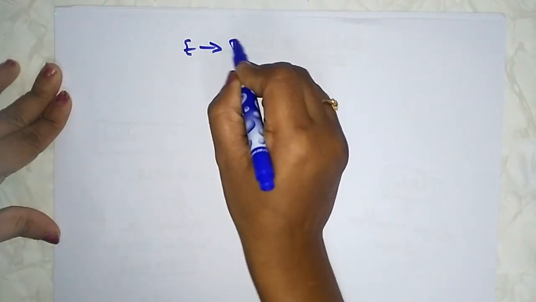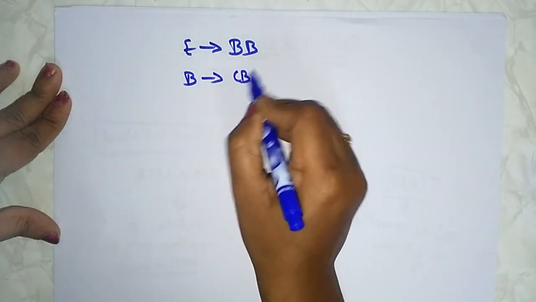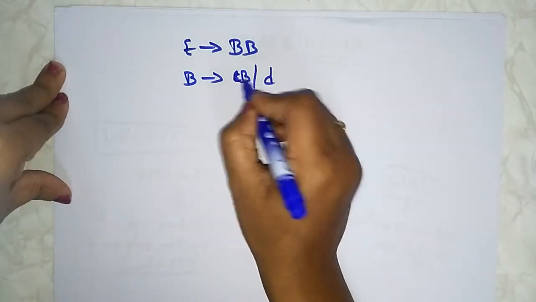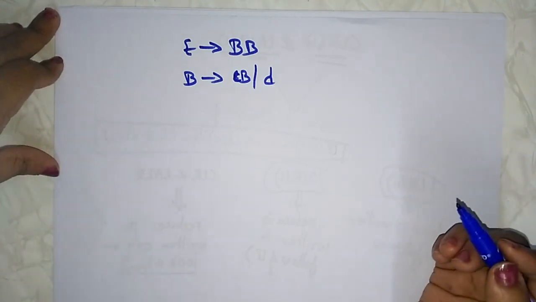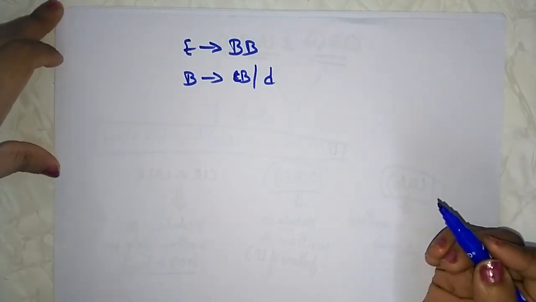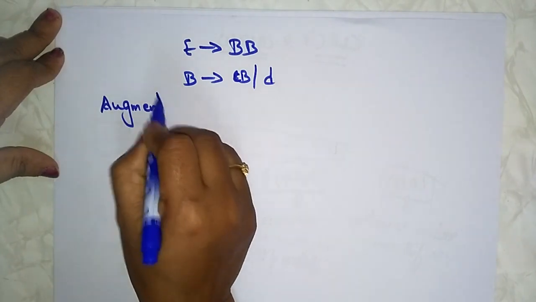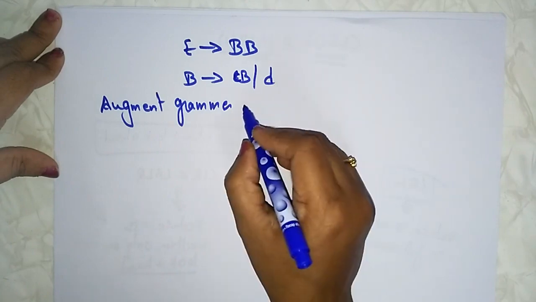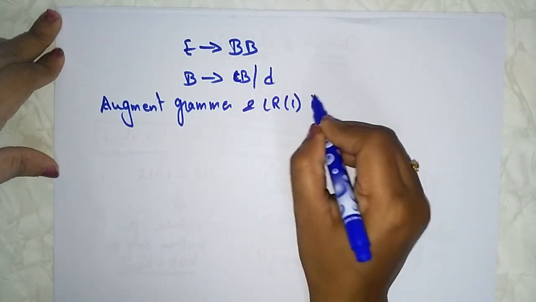Let me take one grammar: E determines BB, and B determines cB | d, where c is small c and d is small d. Let me take the augmented grammar along with the look ahead terms, and LR(1) items.